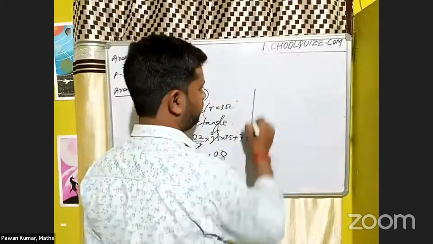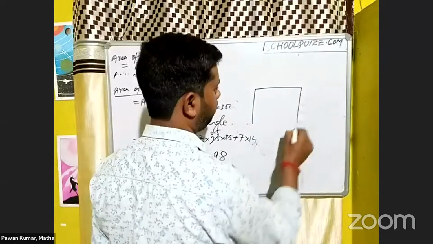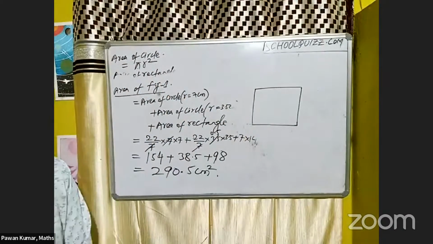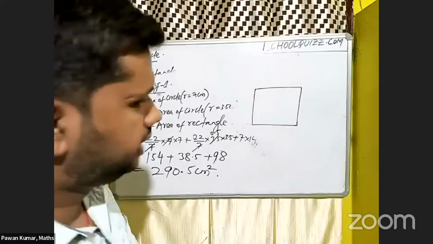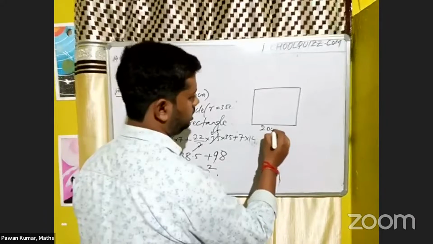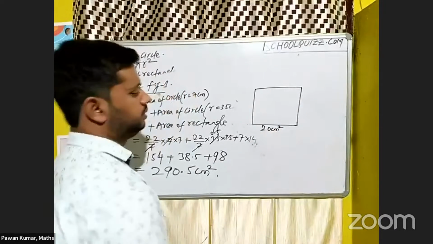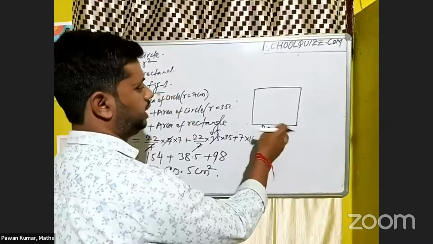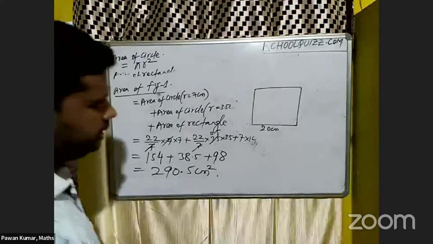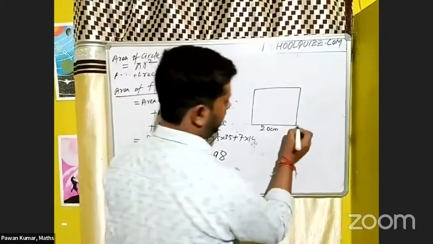Suppose one square field is there, correct? Of side 20 centimeter, correct?